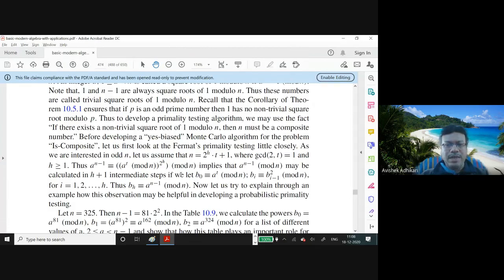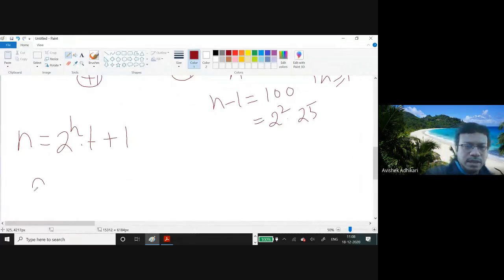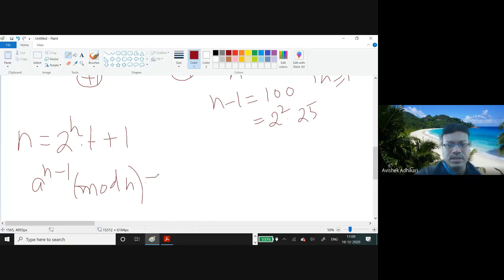What I am going to calculate is a to the power n minus 1 modulo n. So what is this value? I want to calculate this modulo n. A to the power n minus 1 is nothing but a to the power 2 to the power h times t modulo n, right?